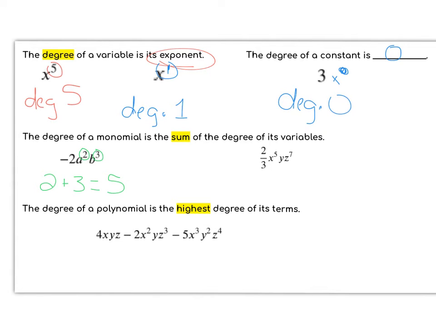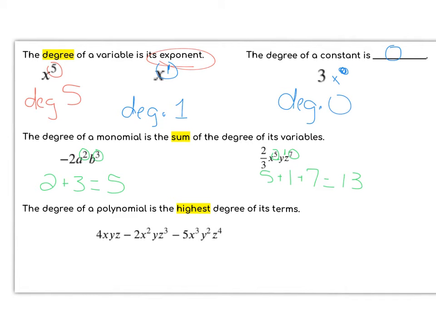This one right here, notice we don't care about the constants. We're just looking at the variables because the constants have degree 0, right? So this has degree 5, the y has degree 1, and the z has degree 7. So 5 plus 1 is 6, plus 7, that has degree 13.